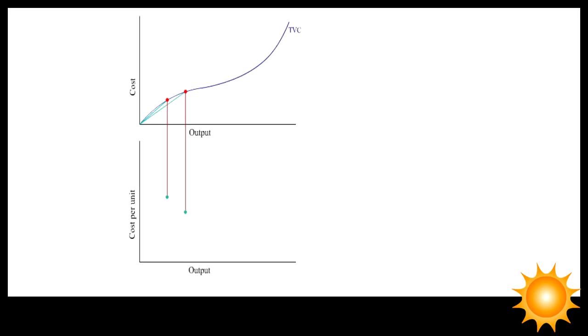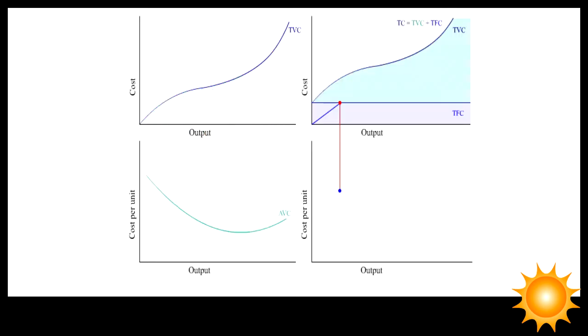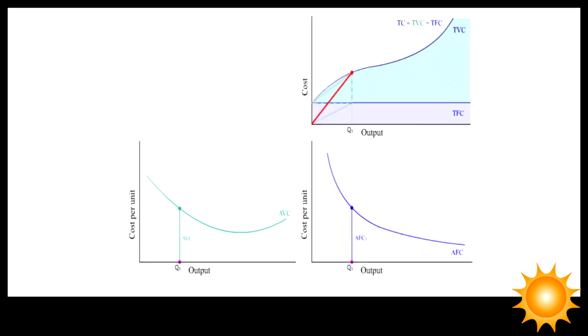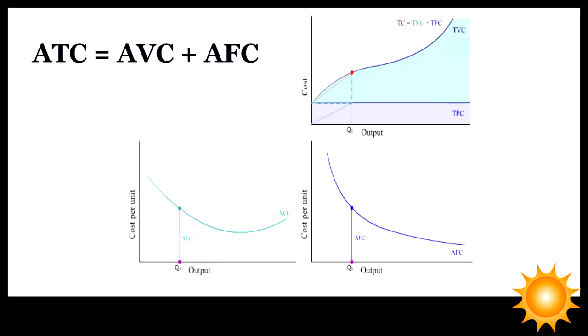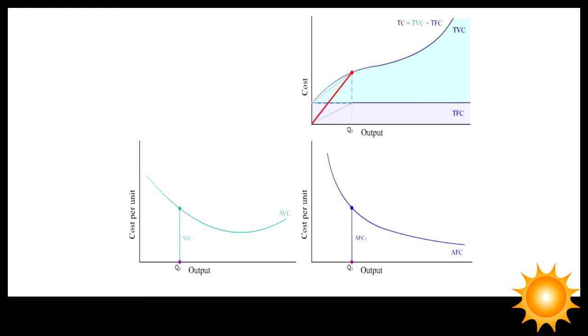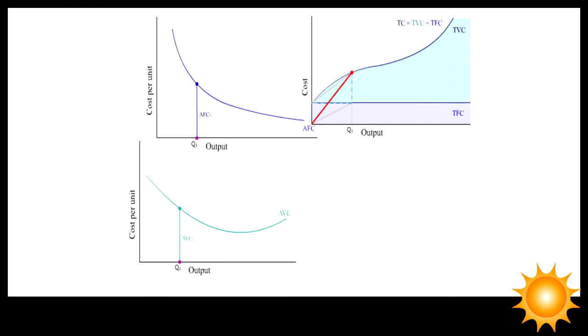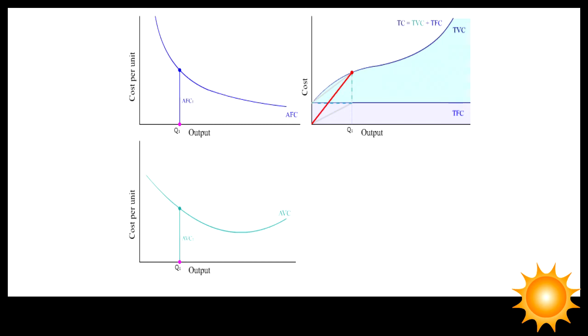With the average variable cost, AVC, and average fixed cost, AFC, we can construct the average total cost, ATC. Since ATC is equal to AVC plus AFC, we can add AFC and AVC graphically.